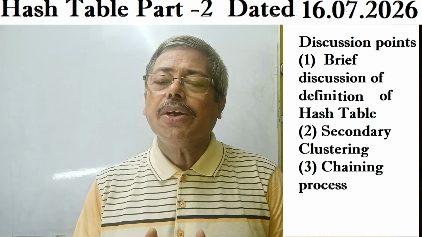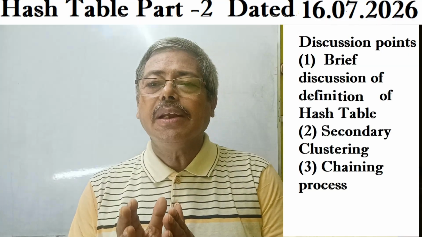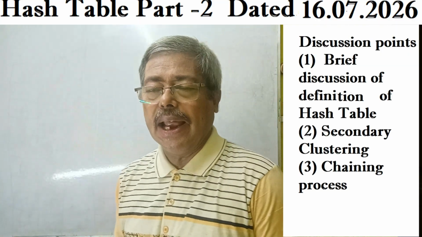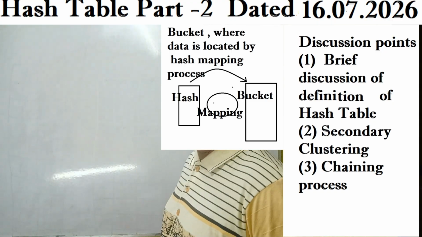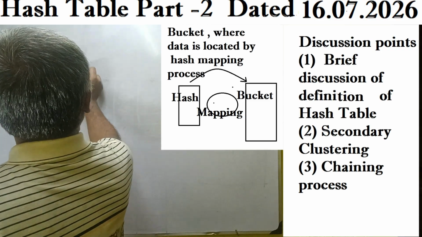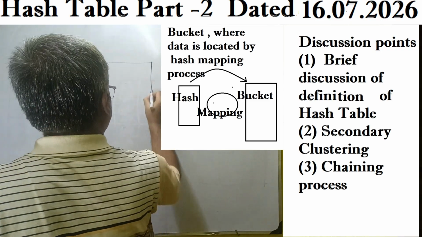Today, a brief discussion of the previous video: how a hash table is formed, by mapping a key and data. Suppose with the key and data mapping, a hash table is formed.